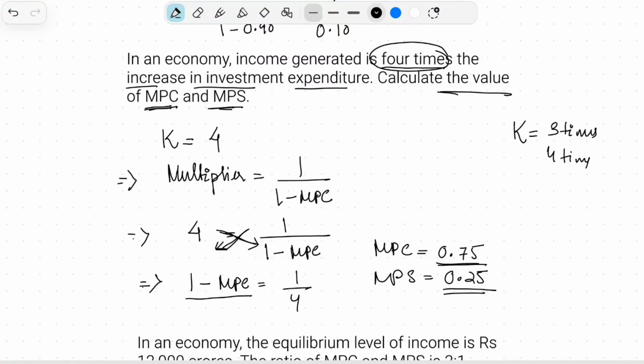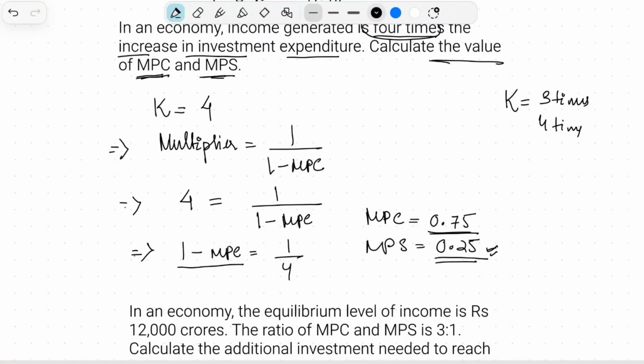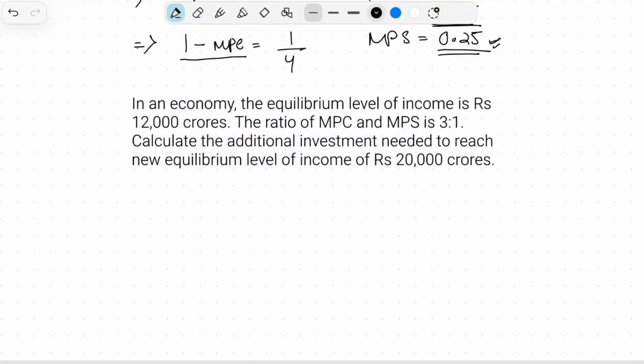We cross multiplied and found the value of MPC as 0.75 and MPS as 0.25. I hope you have understood this question. Next, we shall proceed to question number 3.